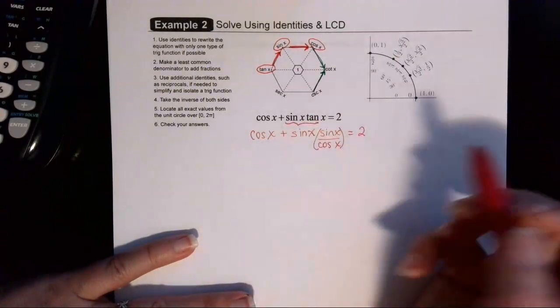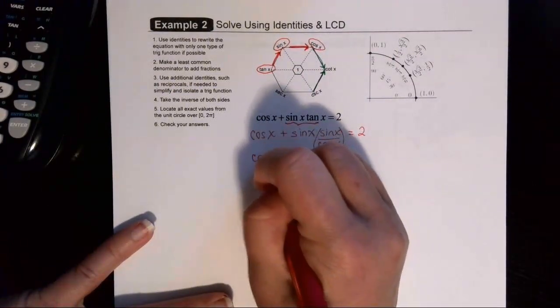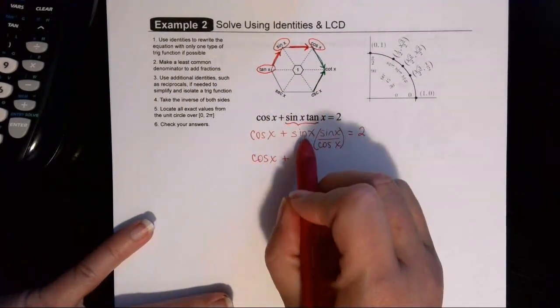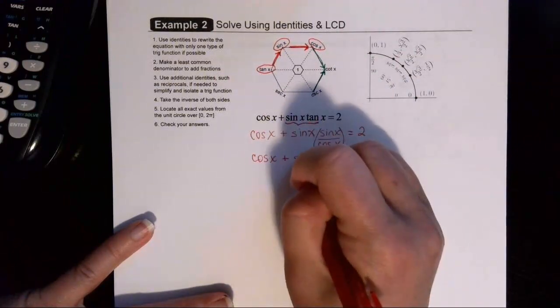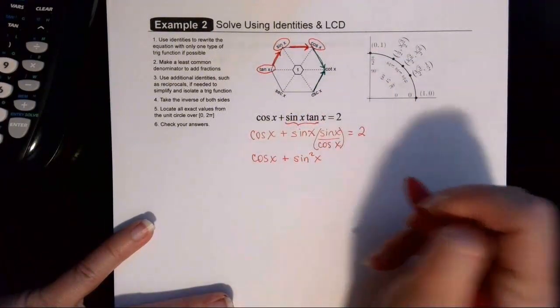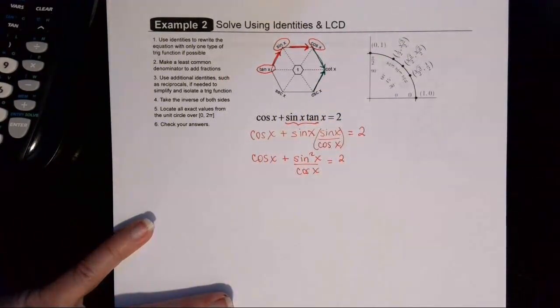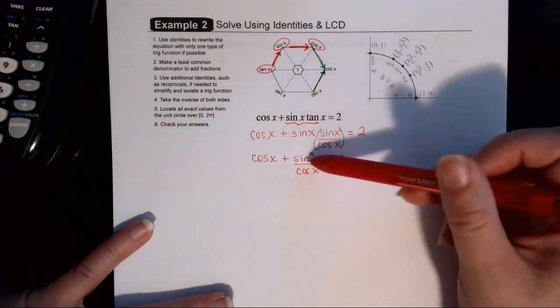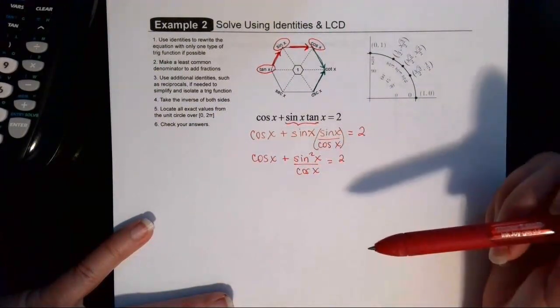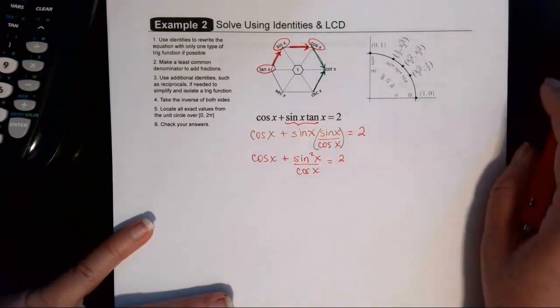Now when we simplify, we'll have cosine of x plus, and then sine times sine is sine squared x over cosine of x equals 2. And to add these two terms together, we would need a least common denominator.